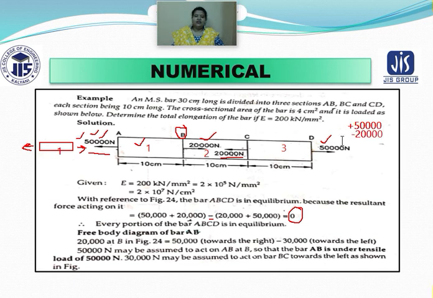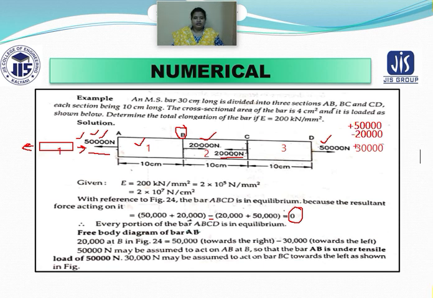Then if you make a summation, what will you get? A result of 30,000. And this 30,000 is positive. If it is positive 30,000, that means this is a tensile load you have gathered.